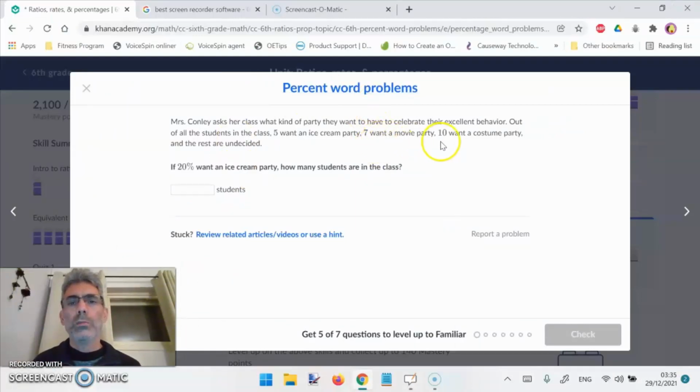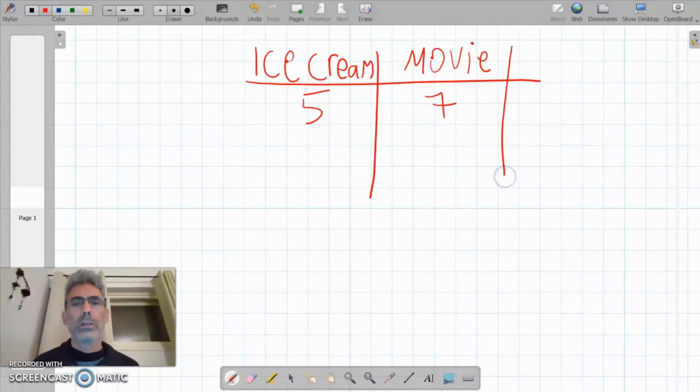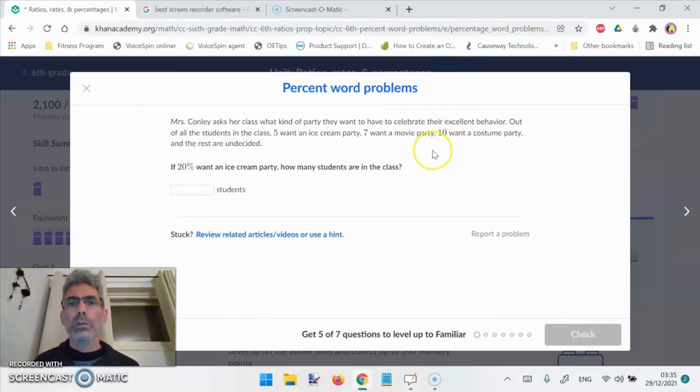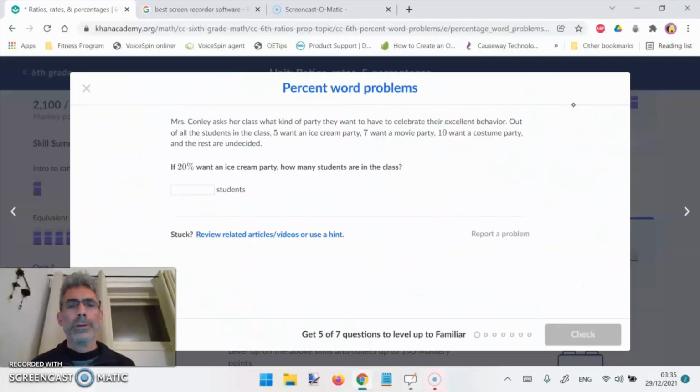7 want a movie party. 10 want a costume party. Okay, and the rest are undecided.